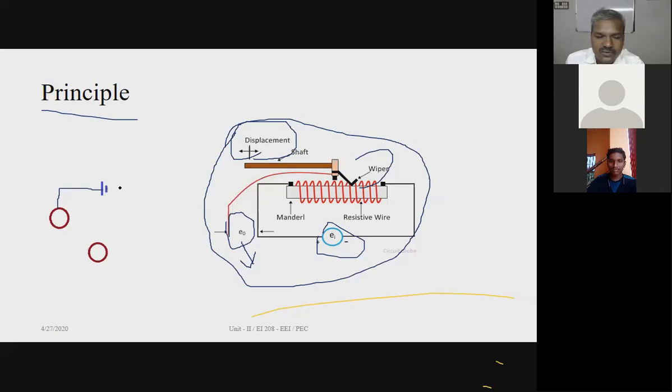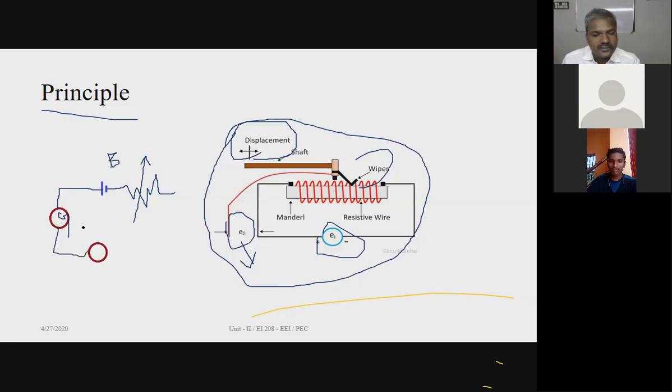The primary circuitry consists of a battery and a rheostat for current adjustment. This is a galvanometer, for the deflection of the bridge.